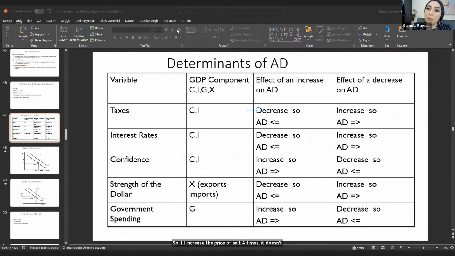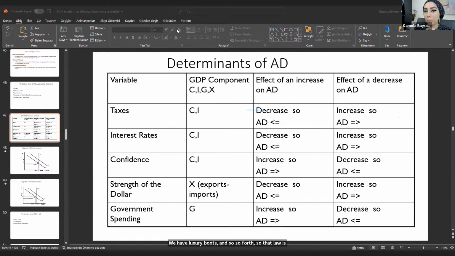No, I will consume the same amount. And if I decrease the price of salt, I will keep consuming the same amount. It doesn't mean that if I found salt for free, I would eat salt with spoons. No. So the law of demand is valid only for normal goods, because we also have inferior goods, luxury goods, and so on.